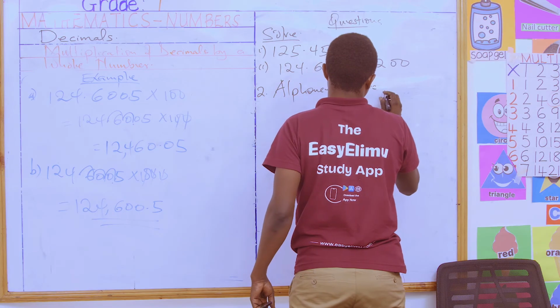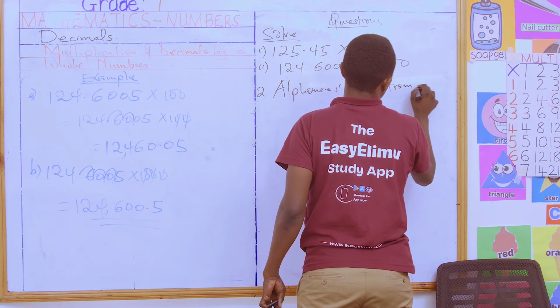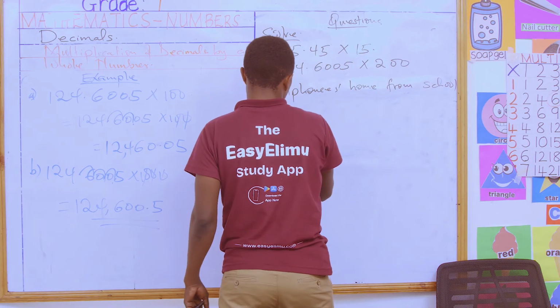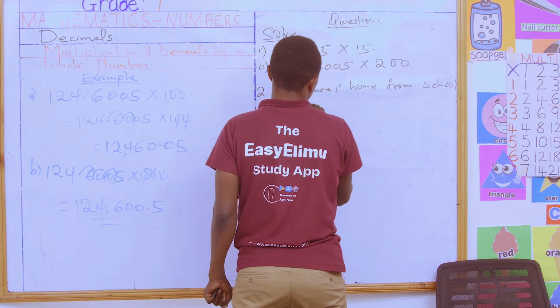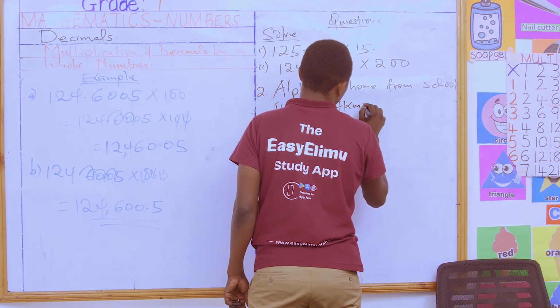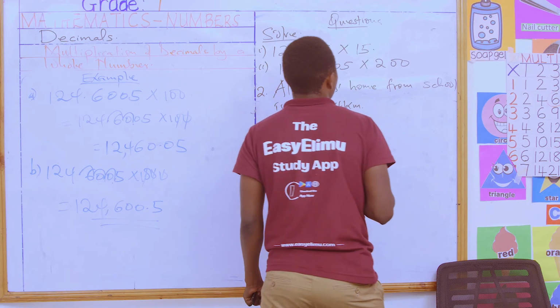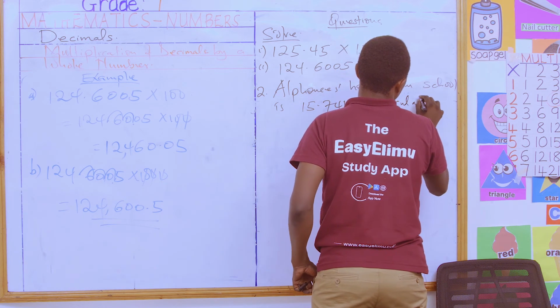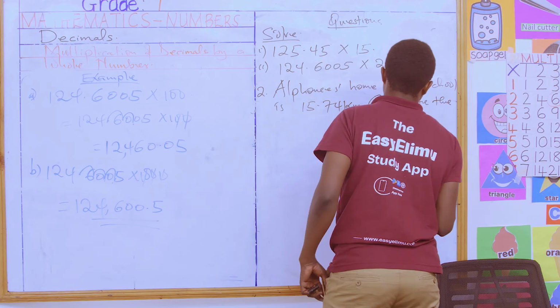Alphonse's home from school is 15.7574 kilometers. Calculate the total.